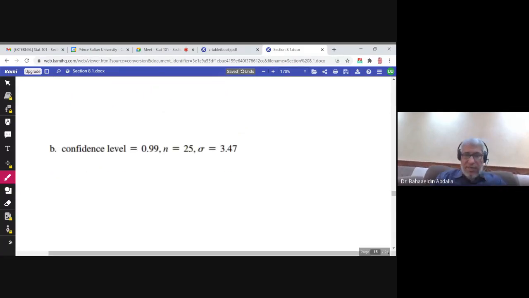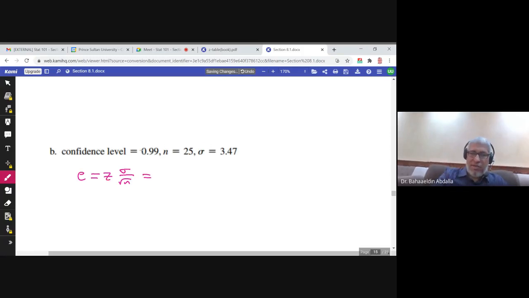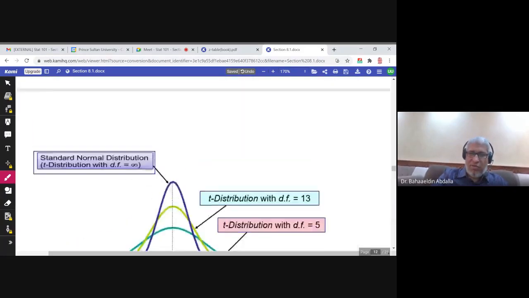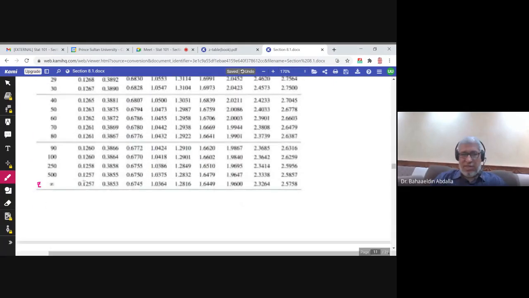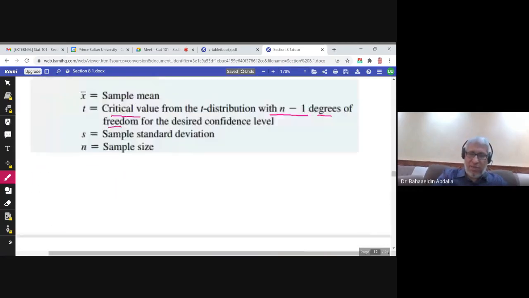When sigma is given, the margin of error would be z times sigma over square root of n. And you have 99%. So if you like, you can find the z value, as we mentioned, from the last row in the t distribution. 0.99 is the last column, so it's 2.5758.